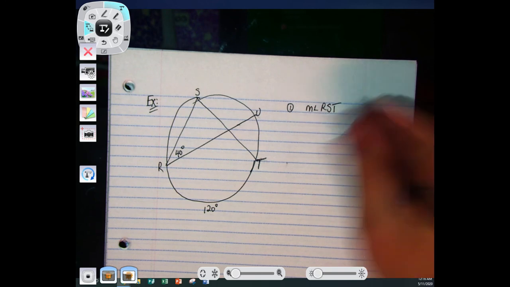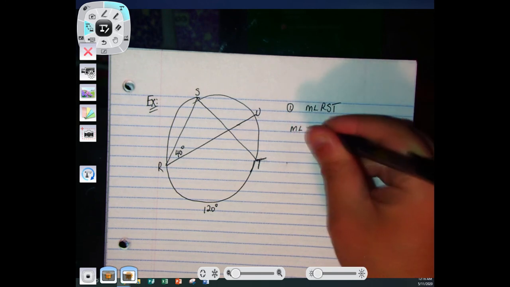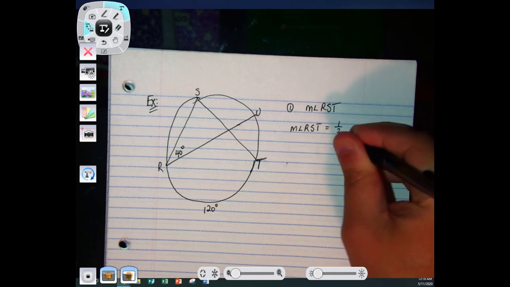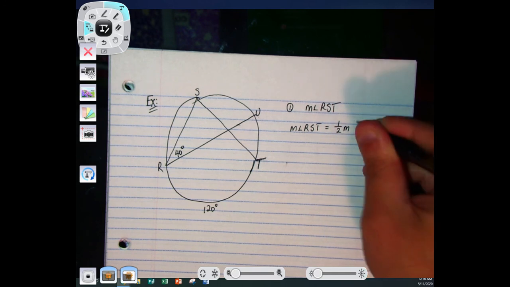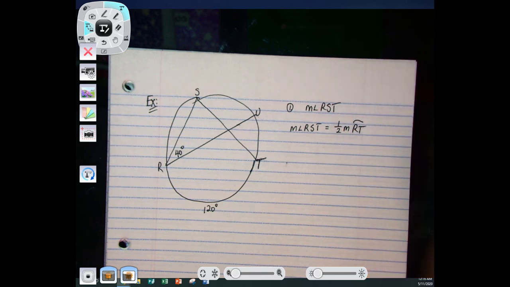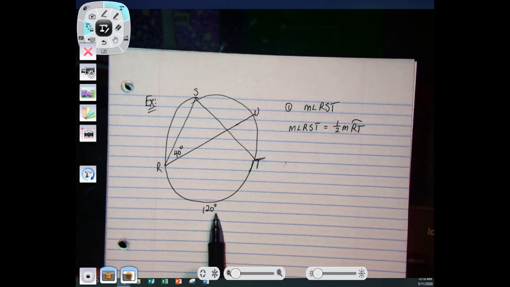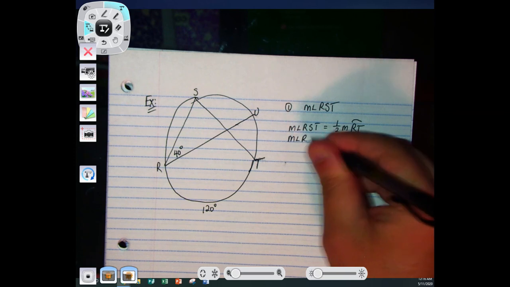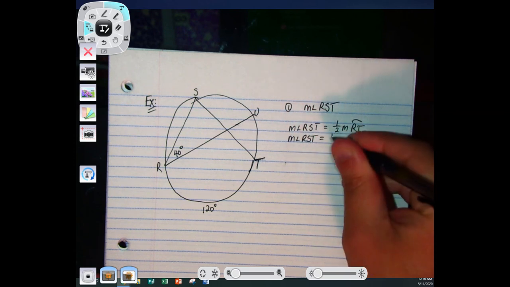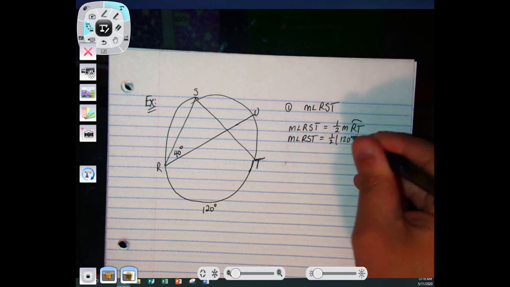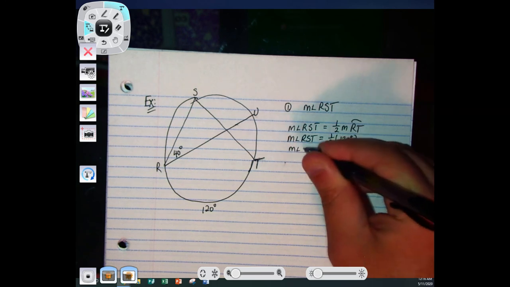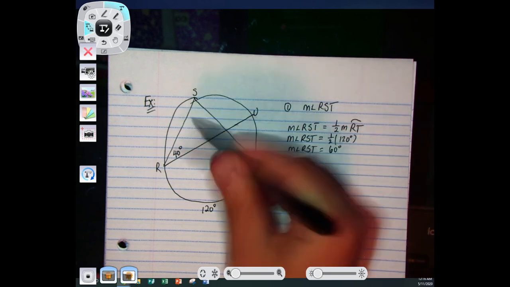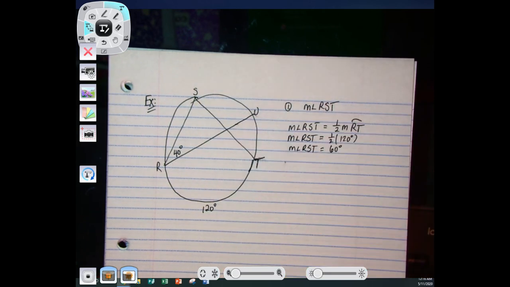So we can say that the measure of angle RST is equal to half the measure of arc RT. Well, we know what RT is. It's 120. So we do our substitution. RST is equal to half of 120. And that gives us an answer of 60. So therefore, the measure of angle RST is 60 degrees.